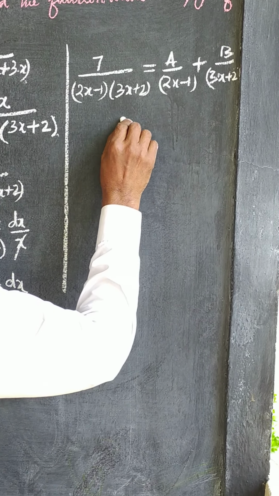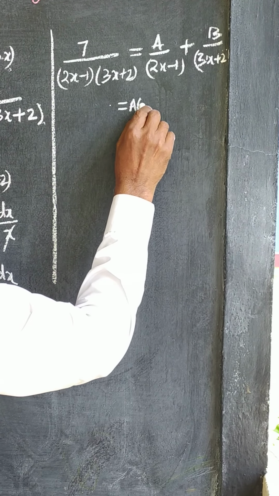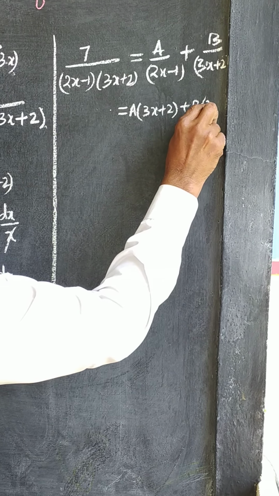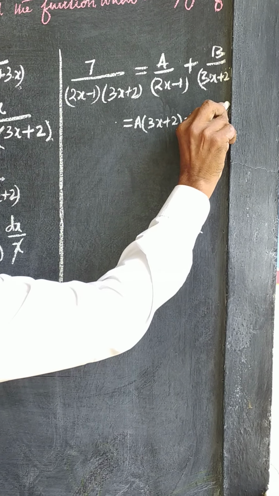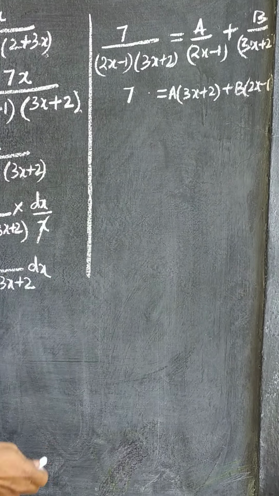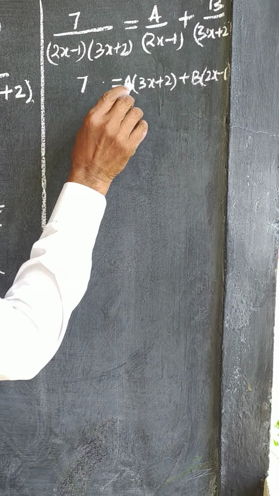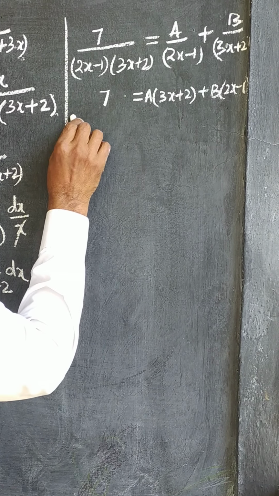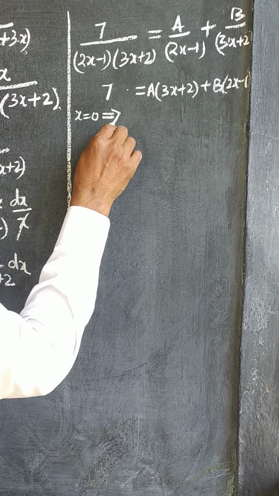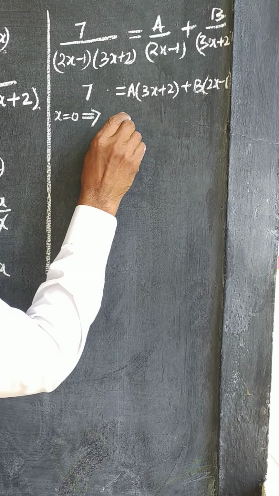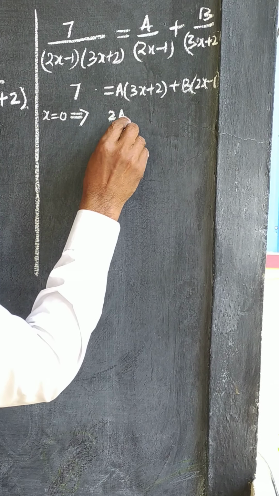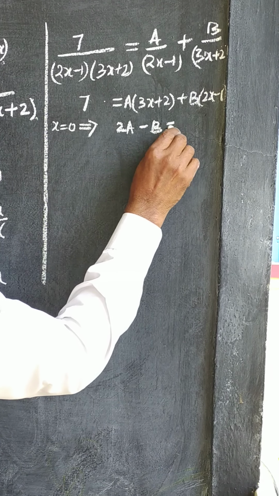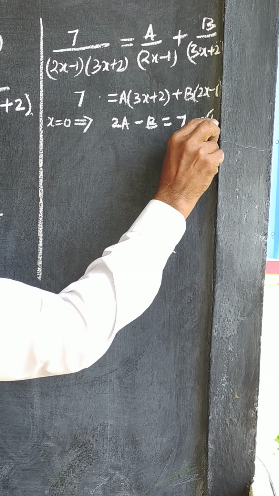Now, you get this as a into 3x plus 2 plus b into 2x minus 1, that is equal to 7. We have to find out the value of a and b by putting x is equal to 0. X is equal to 0 implies that you get 2a minus b is equal to 7. This is equation number 1.